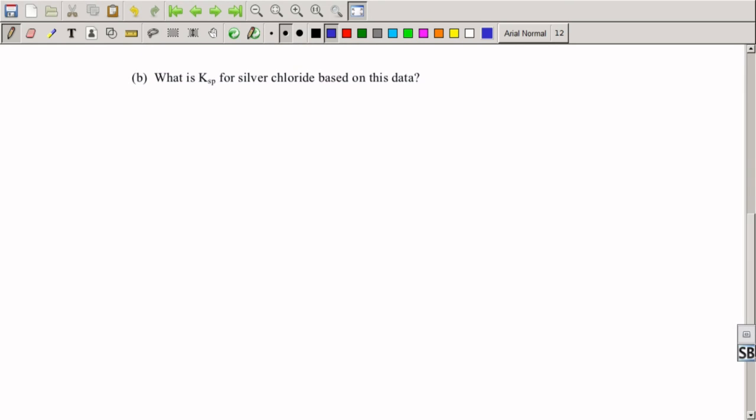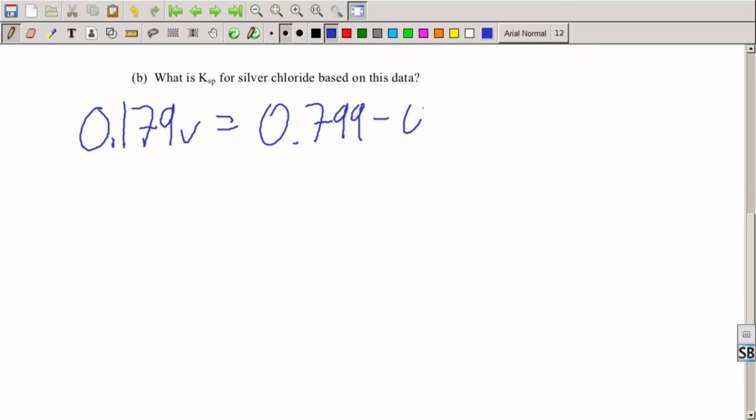Yeah, so now we're going to have 0.179, this is the last thing we'll do, equal to 0.799 minus 0.05916 times the log of whatever Q is. And again, remember what Q was from the last example.